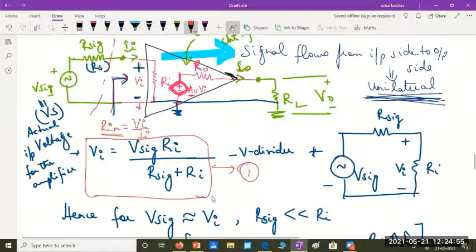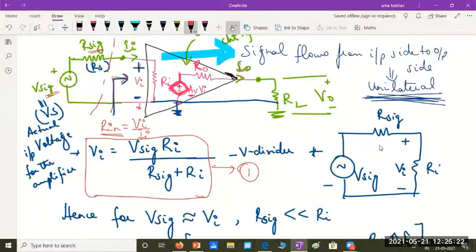First thing we saw was that the applied signal generator voltage Vsig will not completely appear at the base of the amplifier as Vi. That is because of this signal generator resistance Rsig and the input resistance Ri. So what would be the voltage drop across the input side of the amplifier?